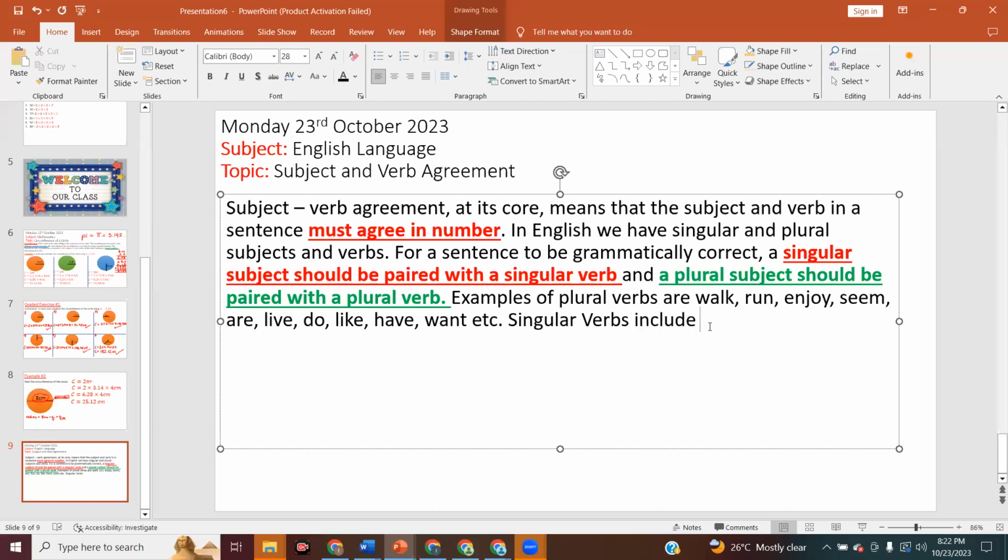So instead of are, we can put is. Instead of have, what's the singular for have? It's going to be has. What's the singular for do? Does, very good. What's the singular for walk?